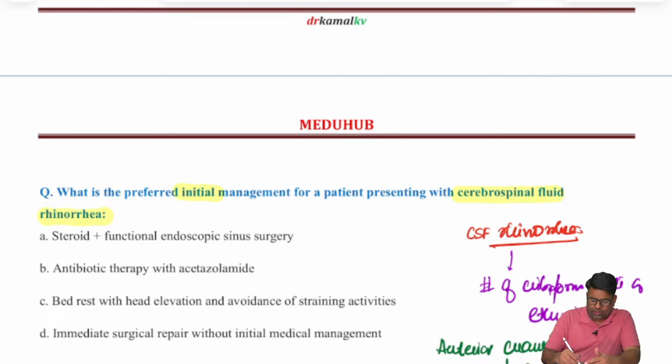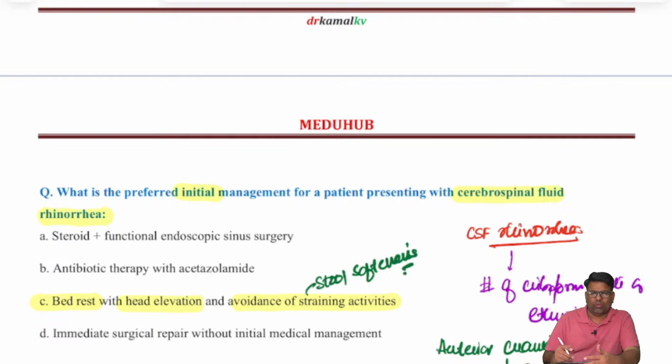Now, what we need to do here, we need to put the patient on bed rest, elevate the head, and tell the patient, don't do any exertion. Don't do any straining activity like coughing, constipation. All those things should be avoided. So that's why we give stool softeners.